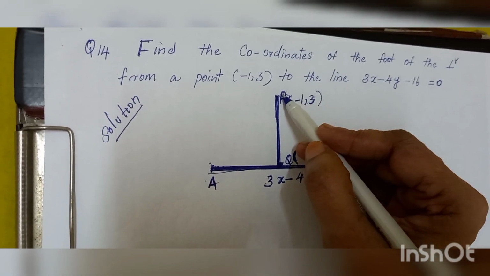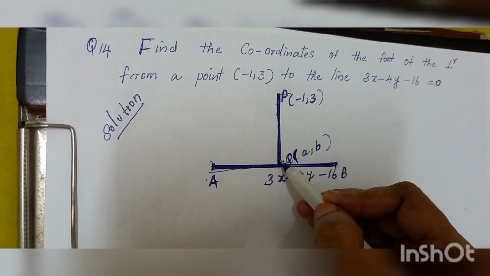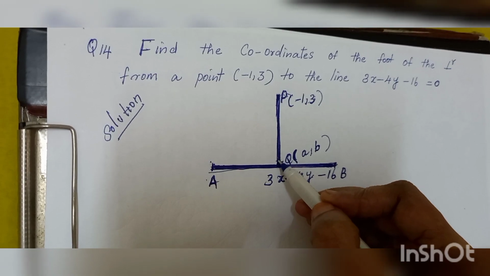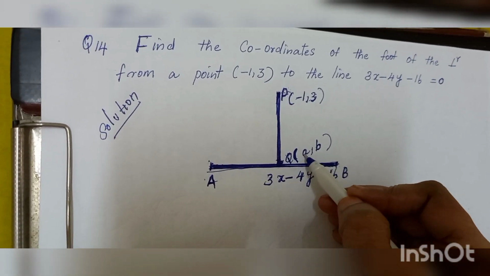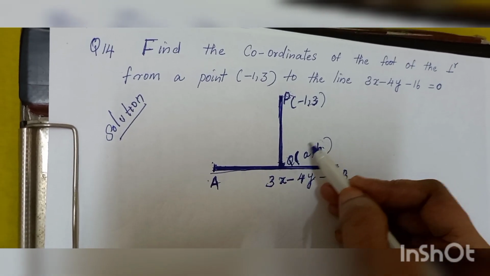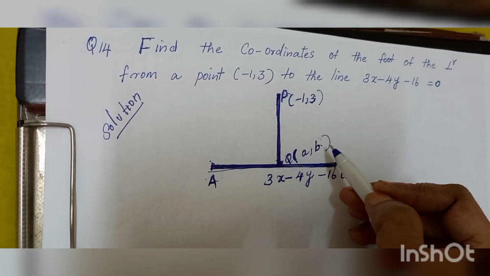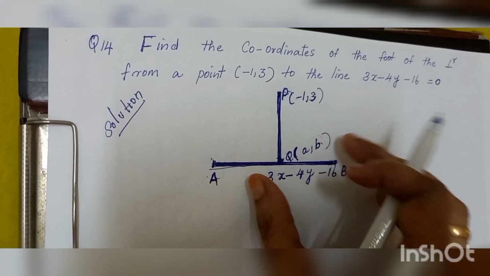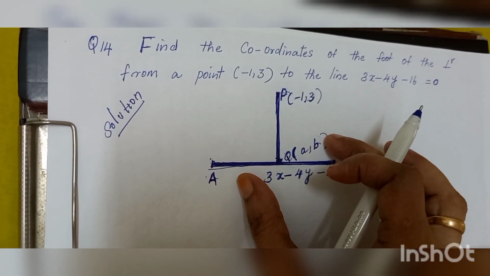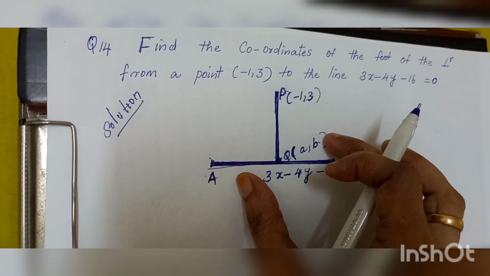The foot of the perpendicular is Q. Its coordinates are (a, b). So we have to find the coordinates of (a, b). Is it clear for you?